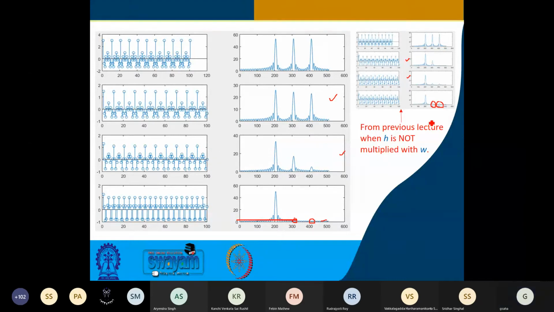So if you are restricted with the order and less concerned about the stop band attenuation, and some amount of ripple you can handle, and whatever attenuation this one provides and this one provides, both are acceptable, then you can achieve it with less order by this method, rather than this, if both stop band attenuations are acceptable, right?